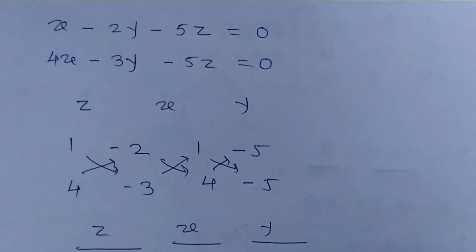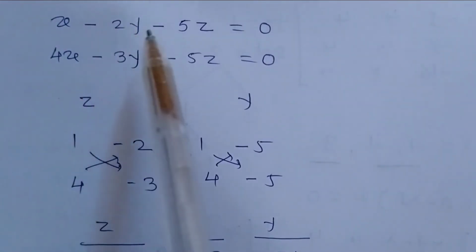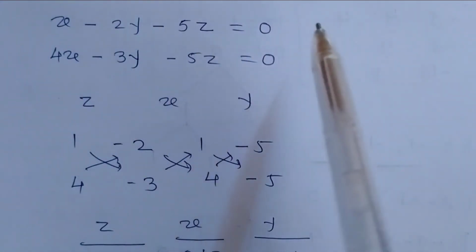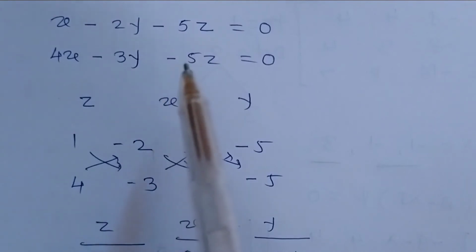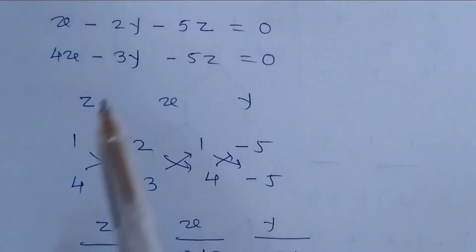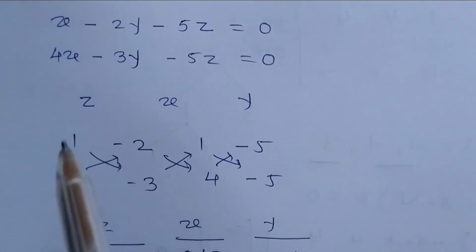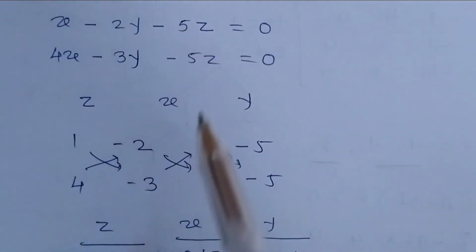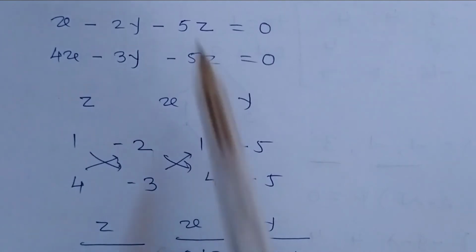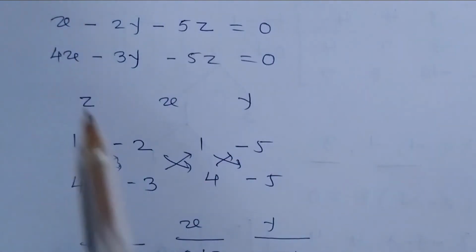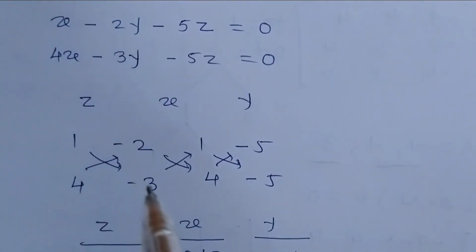When we take the equations x minus 2y minus 5z is equal to 0, 4x minus 3y minus 5z is equal to 0, we write it as 1 minus 2 1, again 1, then minus 5, again 4, again minus 3, then this 4 and this minus 5.